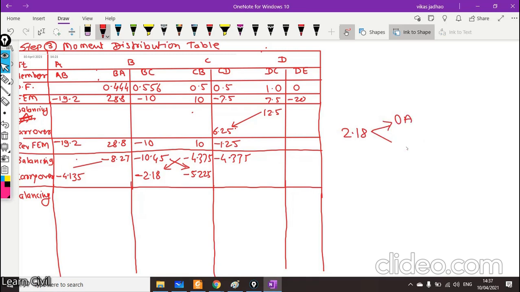Now BA will be sharing 2.18 into distribution factor of BA, that is 0.444, and this is equal to 0.96.